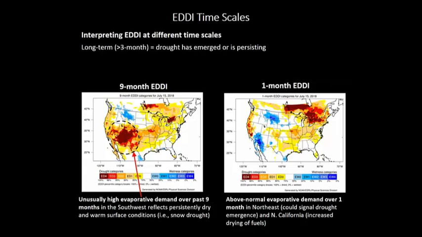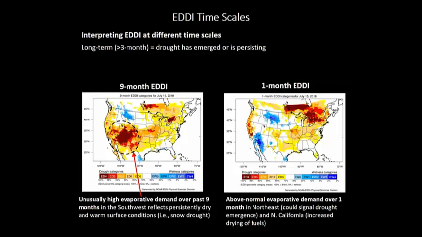And so on the left, we have a 9-month EDDI, from this past summer, mid-July, July 15th, and it considers the evaporative demand from the previous 9 months and how that relates to the climatology. What we can see there is this big bullseye of ED4, which is the 98th to 100th percentile, over the Four Corners region.